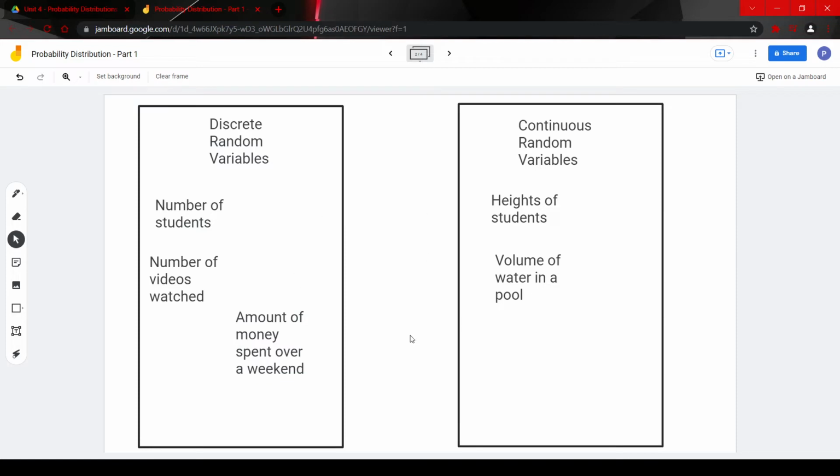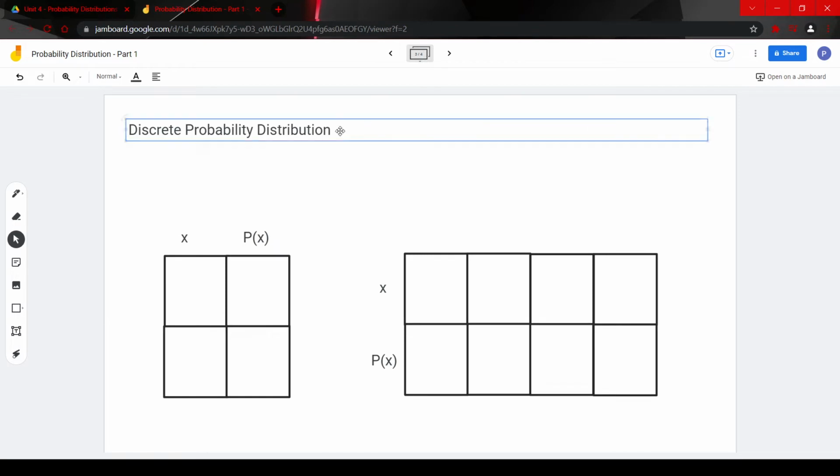And so this is what you would do for the first part of your homework, which is to distinguish between discrete and continuous. The next thing we talked about was discrete probability distributions. The term distribution from now on will generally mean a table or a graph of some sort.